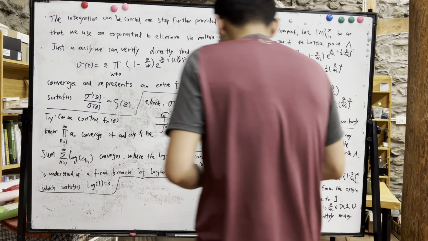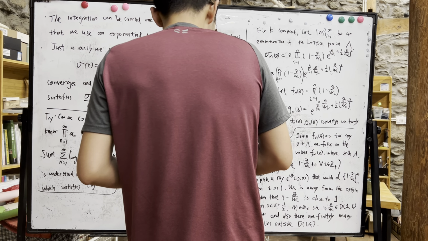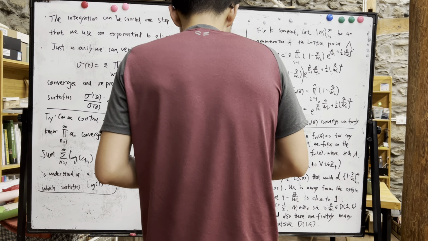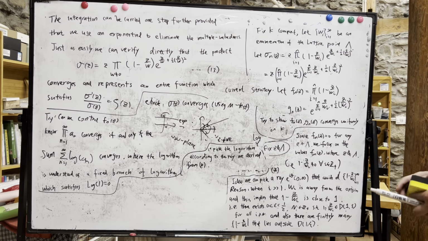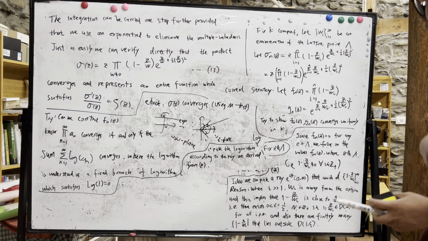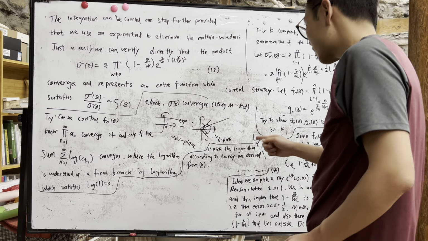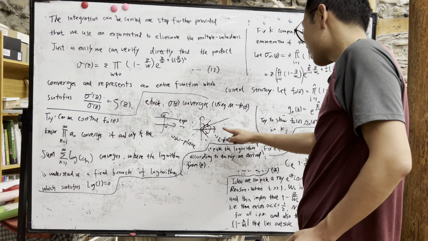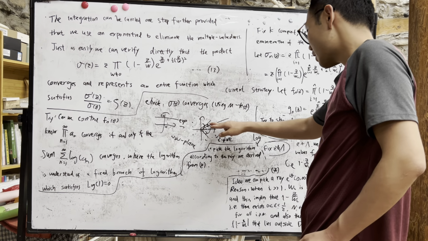We take the logarithm according to the ray derived from star. This log contains two things.